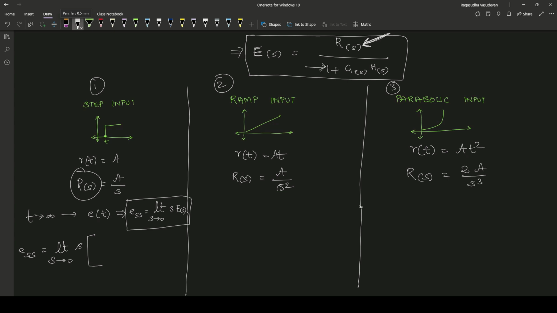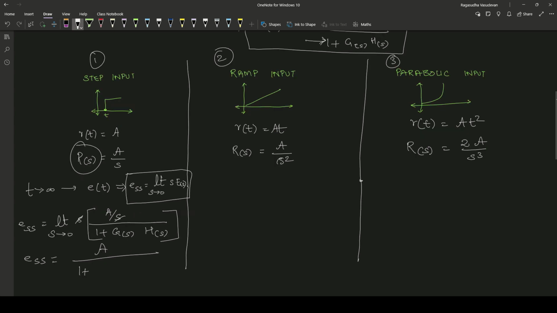So what is R(s) in this case? It is A/s divided by 1 plus G(s) into H(s). So the s terms will cancel and the steady state error will be A divided by 1 plus limit s tends to 0 G(s) into H(s).